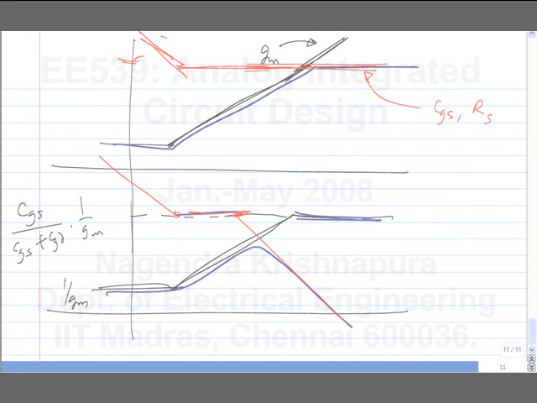So that's why I said the range of inductive behavior, whatever you do, cannot be more than this, regardless of what this does. This can only make it smaller. And this range depends on the ratio of CGS by CGD. If CGS by CGD is very large, it will be large. If CGS by CGD is very small, you will just have something like this.